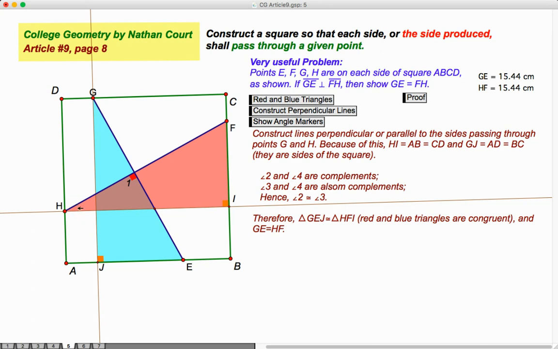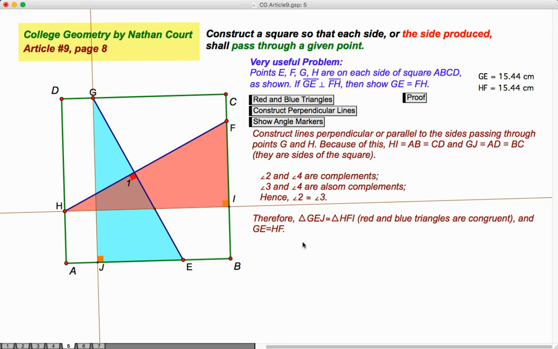This is congruent to this. This is 90 degrees, and the sides are congruent to each other. Therefore, the two triangles must be congruent, and that leaves us with the fact that the hypotenuse HF and hypotenuse GE are indeed congruent to each other.